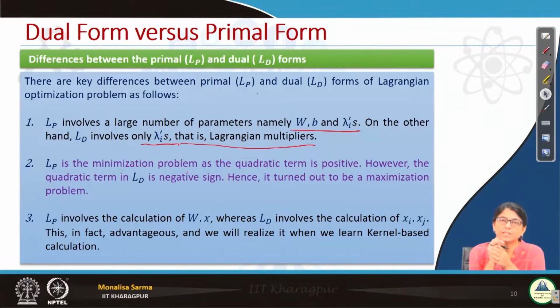LP involves the calculation of W dot x, the dot product of W and x, whereas LD involves the calculation of xi dot xj.